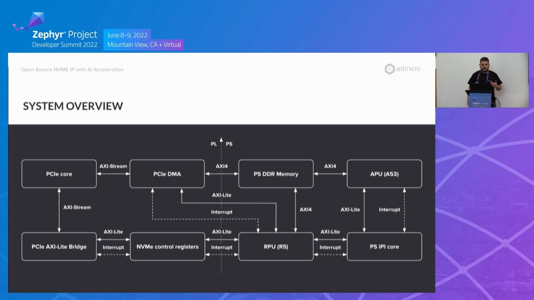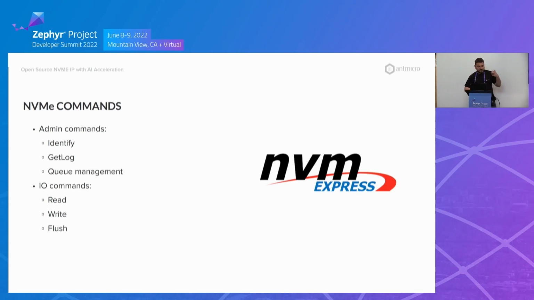The whole idea here is to have the FPGA part handle the low-level connectivity for NVMe, the Cortex-R5 CPU run the software responsible for handling the NVMe base command set, and the rest of the system handle the rest.